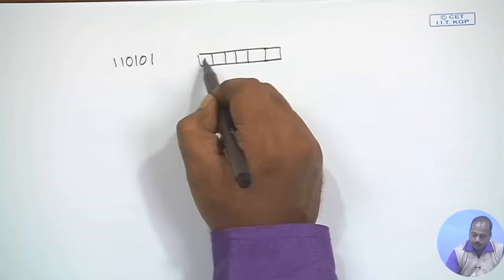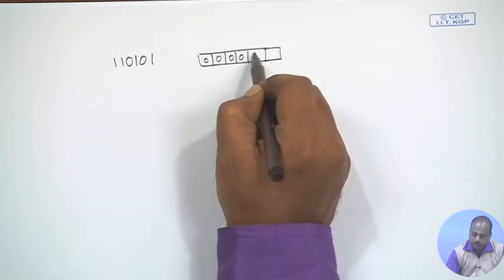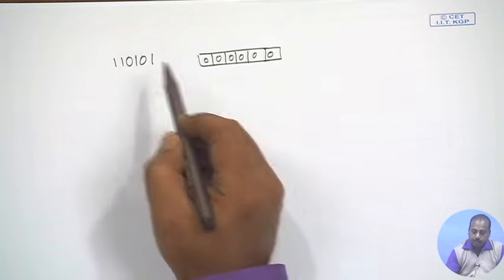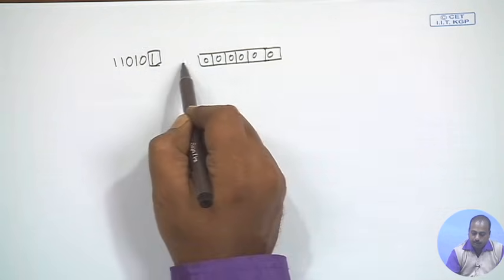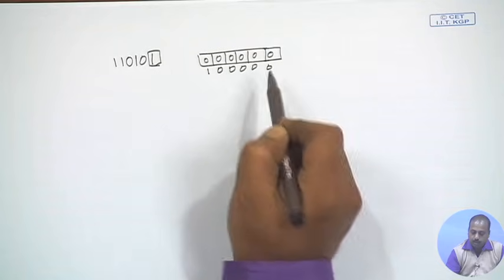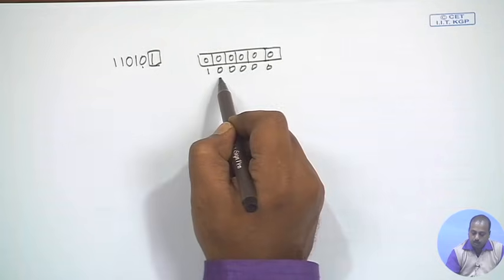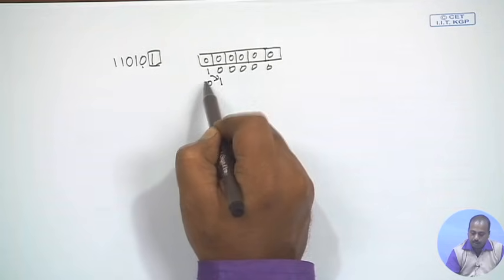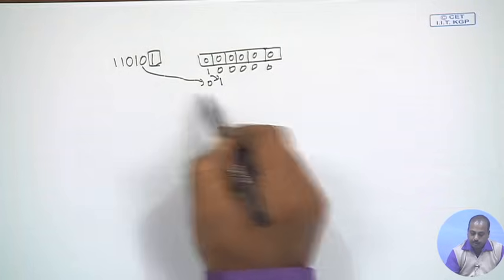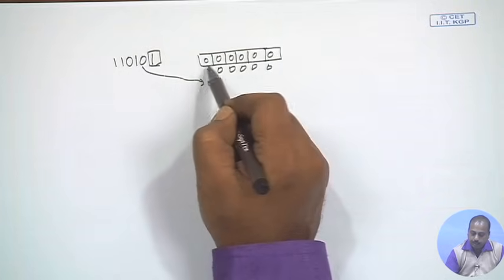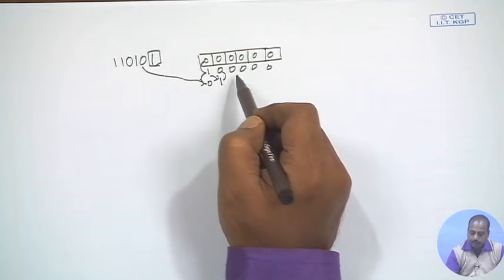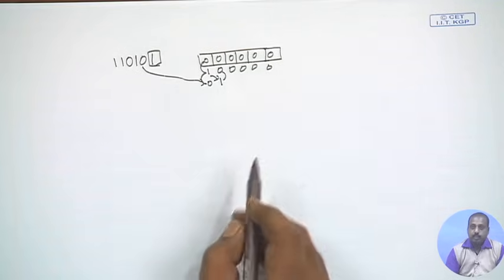If we assume that these flip flops have been reset and contain all 0, first this 1 bit will be shifted into the scan chain. So it will become 1 0 0 0 0 0, then this 0 will go. So this 1 will come here and this new 0 will go to this point. You see that this process will continue, and there are transitions like this: this cell I have already seen 2 transitions, this cell I have seen 1 transition, and again this way there will be transitions.